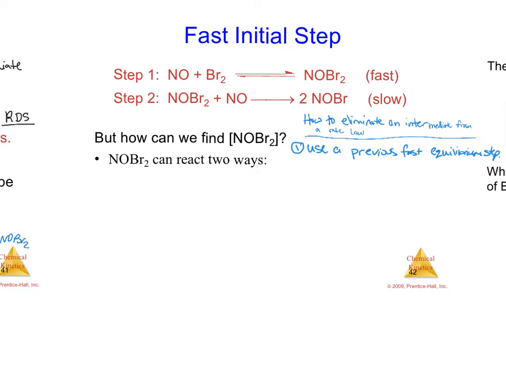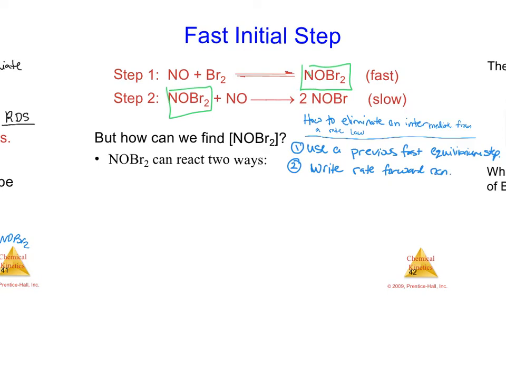I'm going to draw a box around here. This is the intermediate that we need to eliminate. So in step 1, we're going to use that fast equilibrium step. And what we're going to do next is write the rate of the forward reaction.